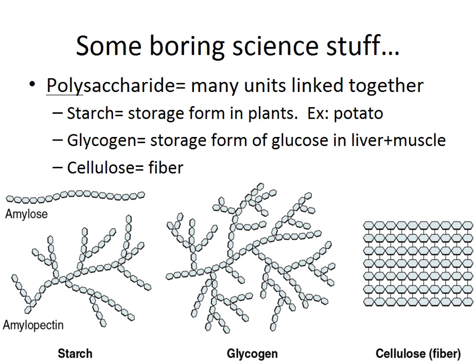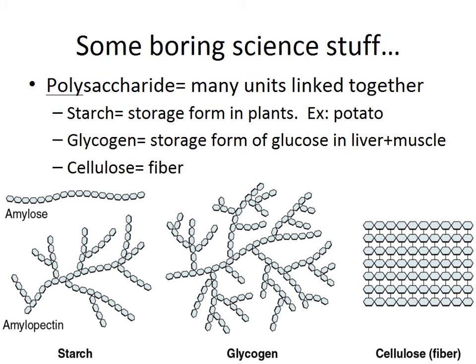Then you have the polysaccharides, which are many, many different units all linked together. And this kind of composes your three main forms of complex carbohydrates. So you see the picture on the left, those are your starches, which are found in things such as potatoes and grains.